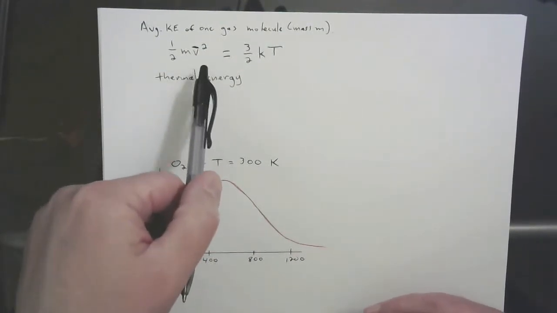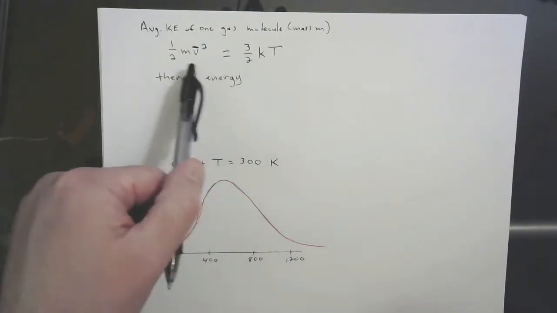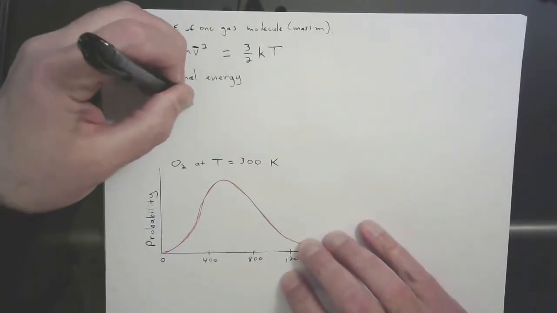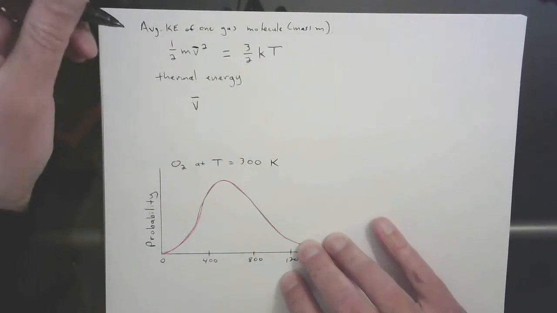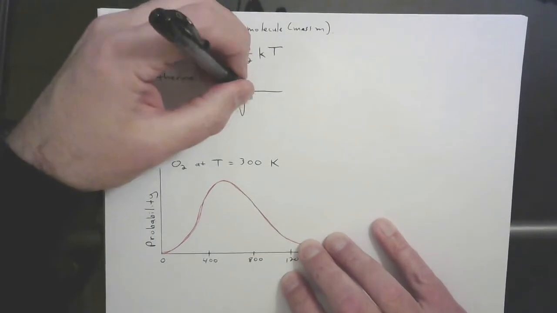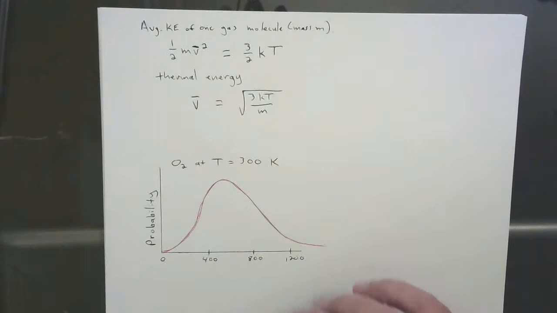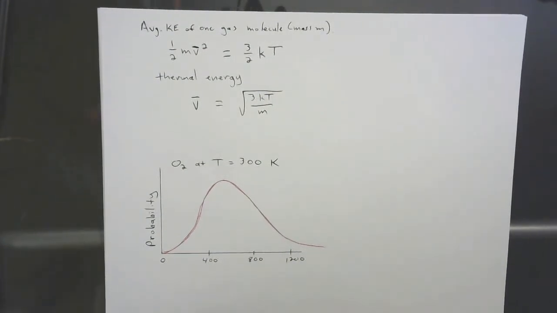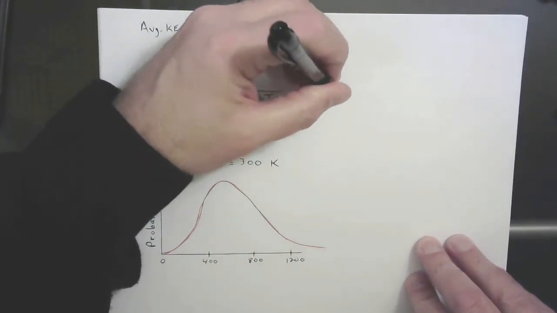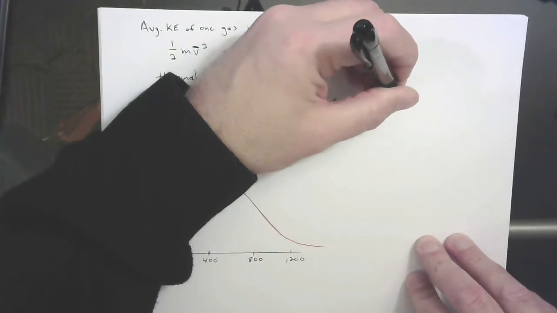You can solve this if you want to. If we multiply both sides by 2, the 2's go away down there, and we can write an expression for the average velocity, and that's the square root of 3kT over the mass of our molecule. That's pretty cool. To be careful, we'll call this the root mean squared velocity.